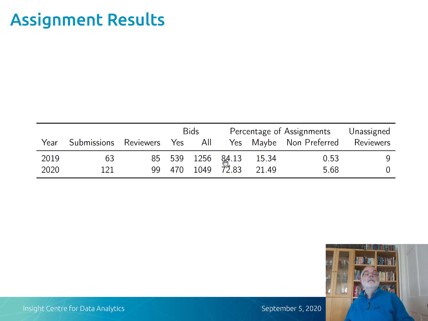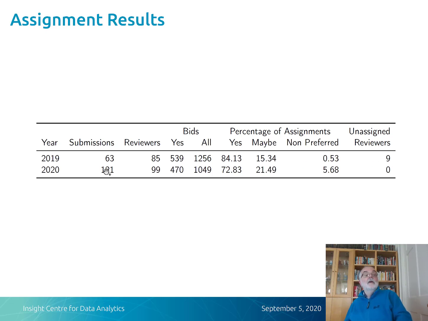The system could achieve 84% of assignments taking yes preference, 15% a maybe preference, and only 0.5% using a non-preferred assignment. In fact, there were so many reviewers that in the end there were 9 reviewers that were not used at all because their preferences did not improve the quality of the overall assignment.